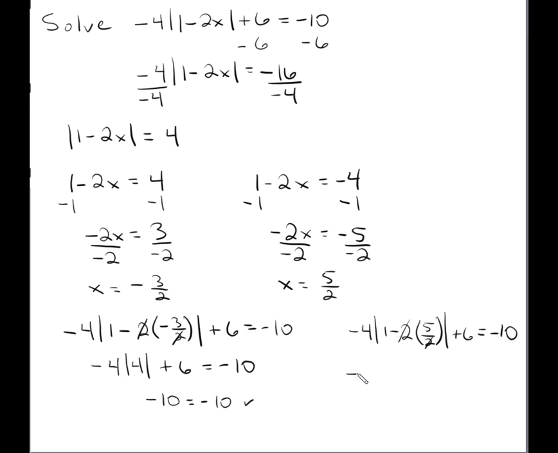So that's negative 4, but we still have those absolute value bars. So absolute value of negative 4 is positive 4. Multiplied by this negative 4, we'll get minus 16 plus 6 is again equal to negative 10. And so this solution also works.